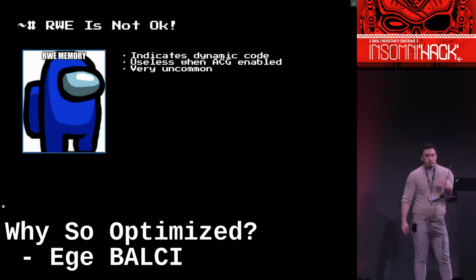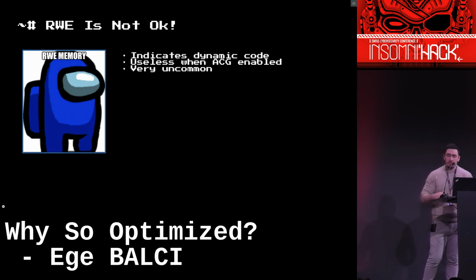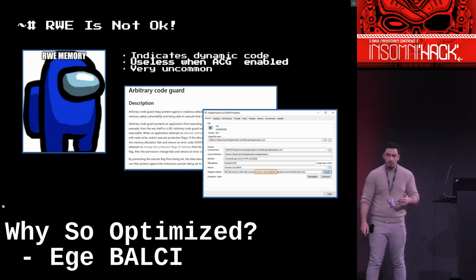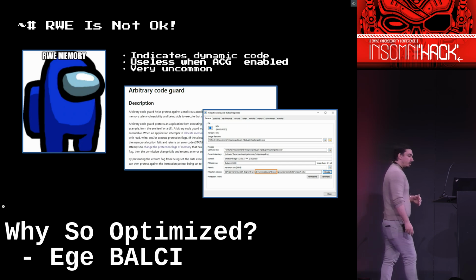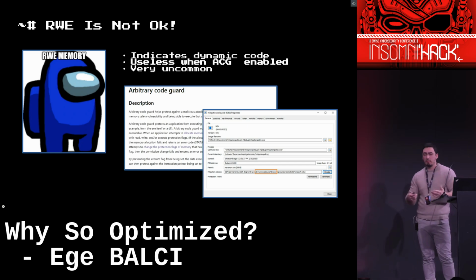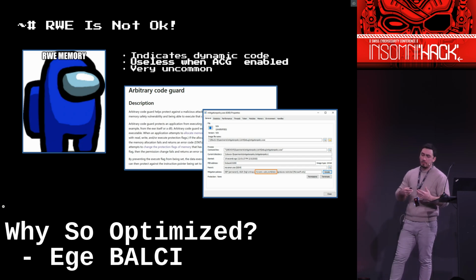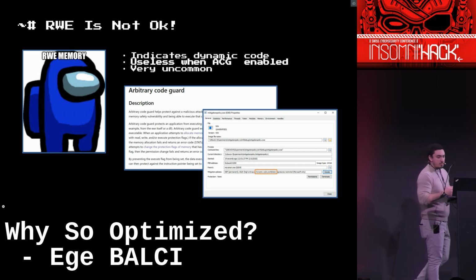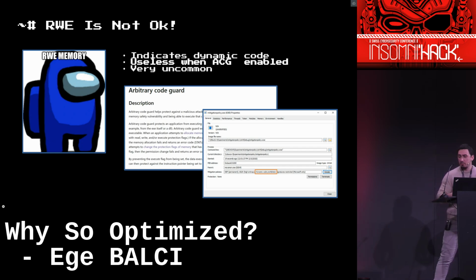It also very much limits your attack vectors. There is a thing called ACG, which stands for Arbitrary Code Guard, and it simply prevents you from allocating new executable memory. It's a security policy introduced by Microsoft a couple of years ago.